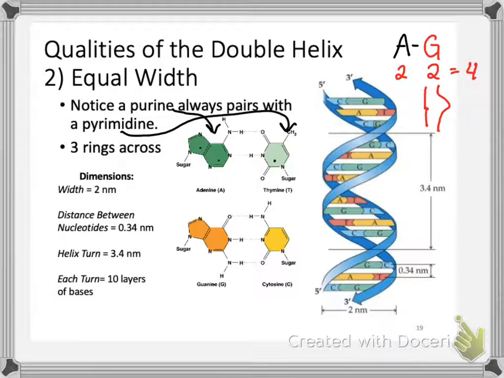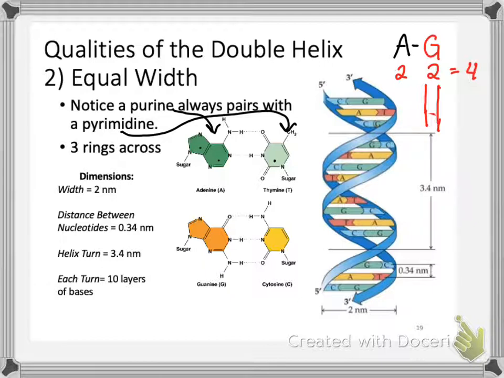And so the cell actually can pick up on this. There are enzymes that track down these mismatched pairs because of these bumps and will cut them out and put in the correct nucleotides so you get the nice equal width. So this equal width thing comes into play when we talk about DNA repair and mutations.